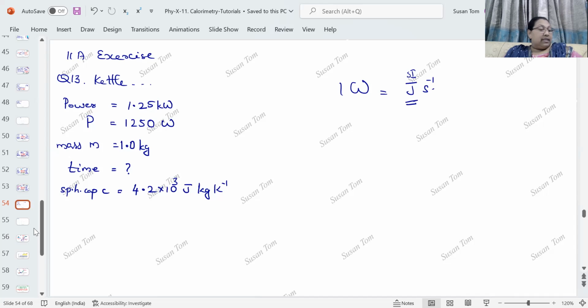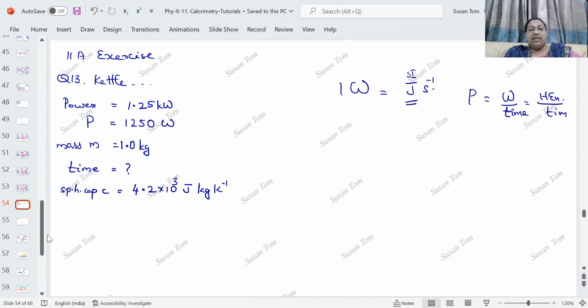Now, the heat energy is actually supplied by the kettle. You know, power is equal to work upon time. Work is equal to energy, so this is the heat energy upon time.